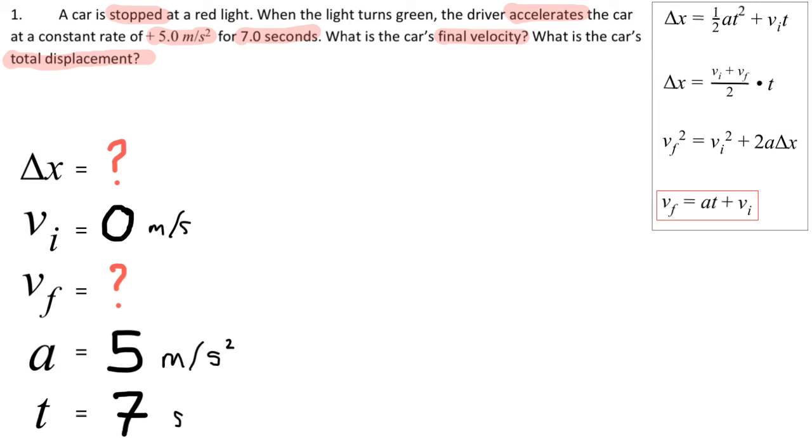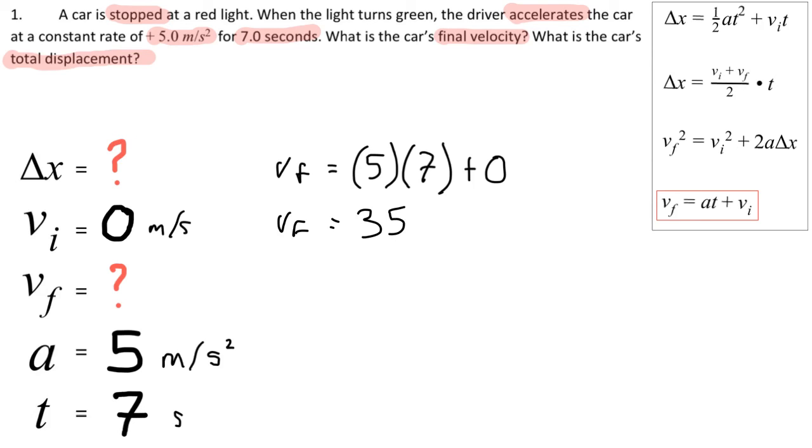In the next step, we're going to substitute our variables. So we have VF equals 5 times 7 plus 0. And that gives us a final velocity of 35 meters per second.